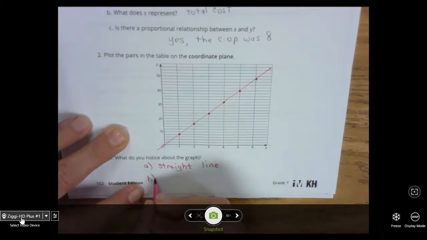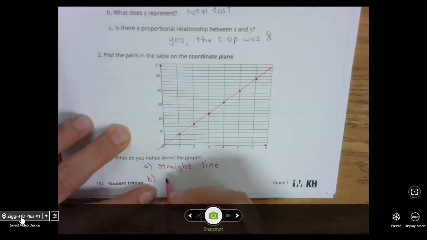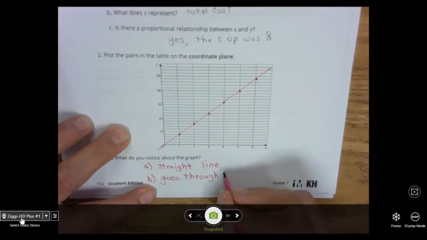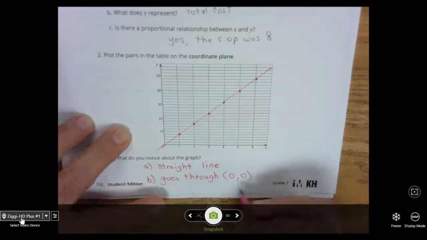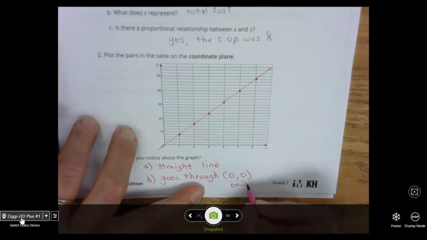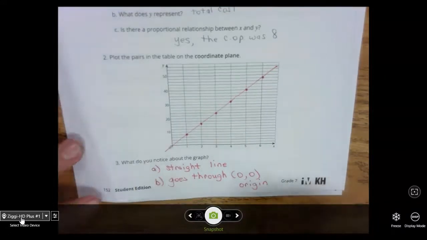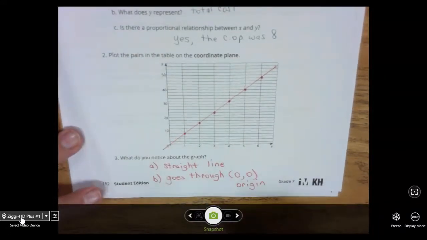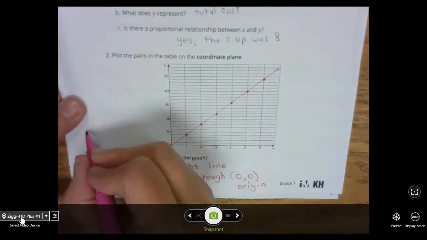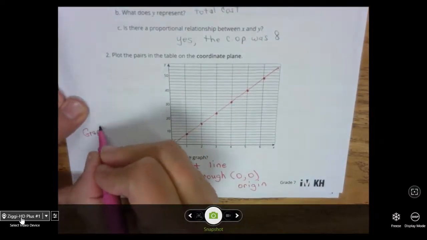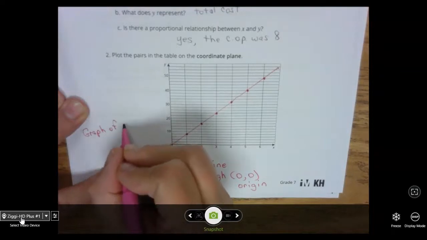And our line goes through (0, 0). We call that point the origin. So these are the two criteria that you need for a graph of a proportional relationship.